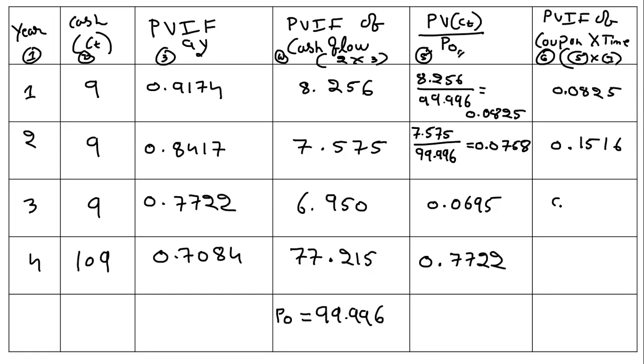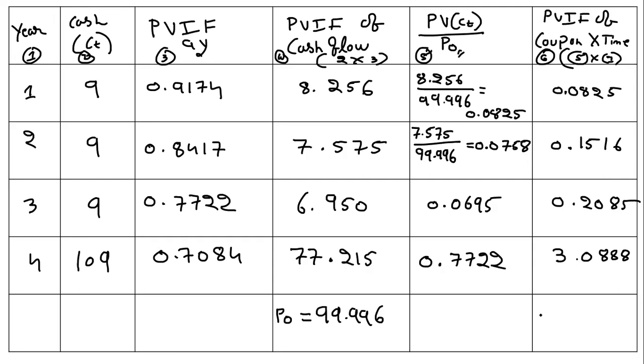So we get 0.2085. And for this, that is 0.7722 into 4. So we get 3.0888. Now we will add all the values here.